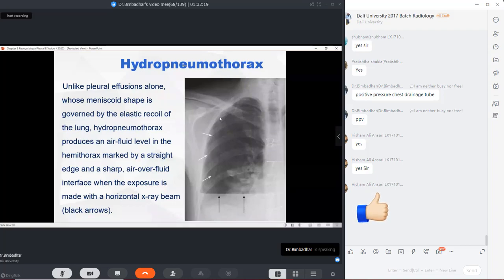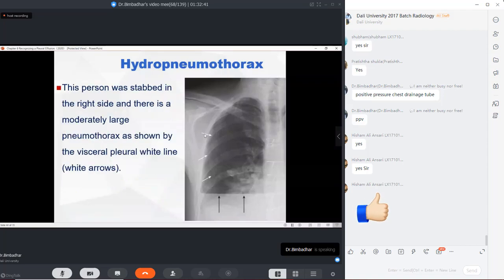You see here the lateral margins of the lungs are quite visible, and you can see absent lung markings, and I can also see the hyperdensity. So both the features of pleural effusion and pneumothorax are together. So that's the reason I know this condition is a hydropneumothorax.